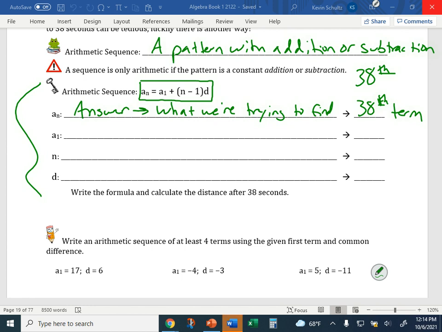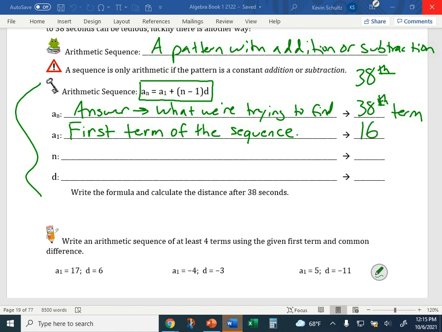The A1 represents the first term of the sequence. Better? Yeah? See, I can do it. I just got to want to do it. The first term of the sequence, which in our table up above, what was the first term? The distance after 1 second was 16. Okay?